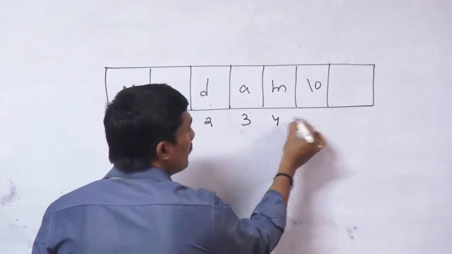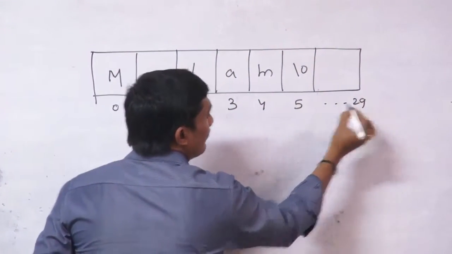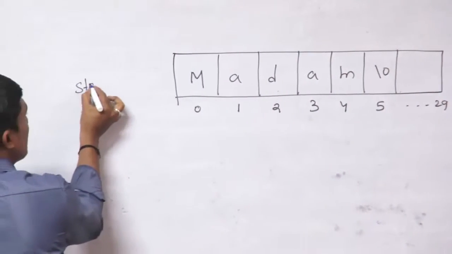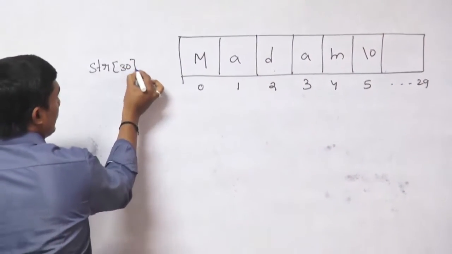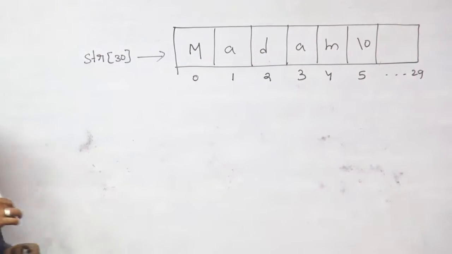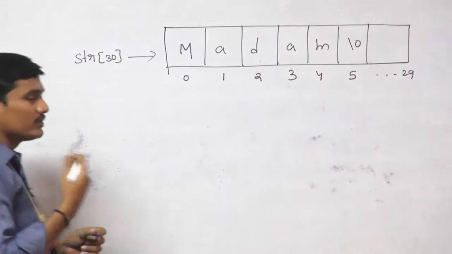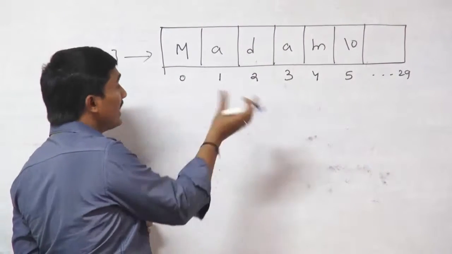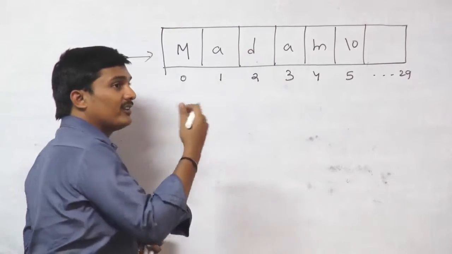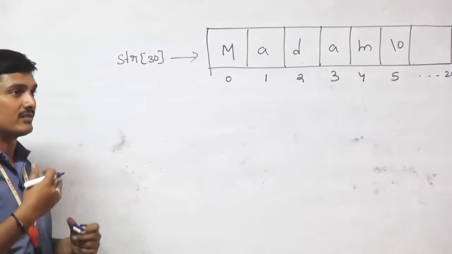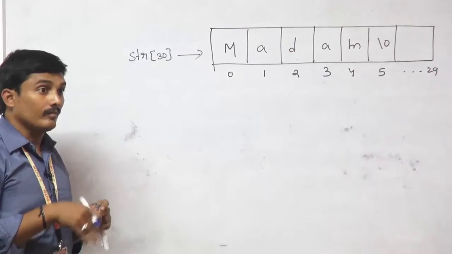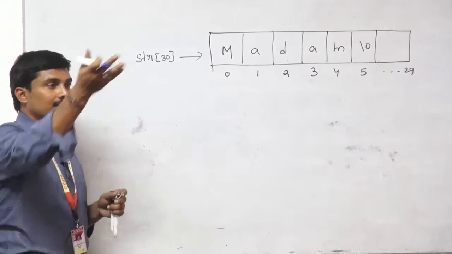Let's see 0, 1, 2, 3, 4, 5 up to 29. Let us assume it is str of 30. So now my question is, how can I check whether my input is palindrome or not? What to do first?